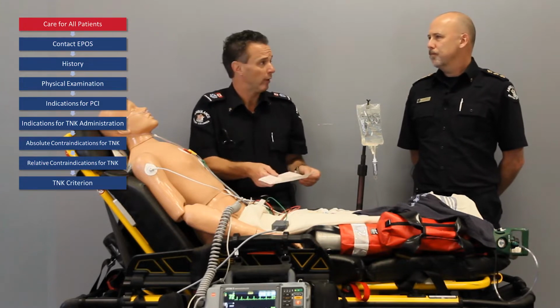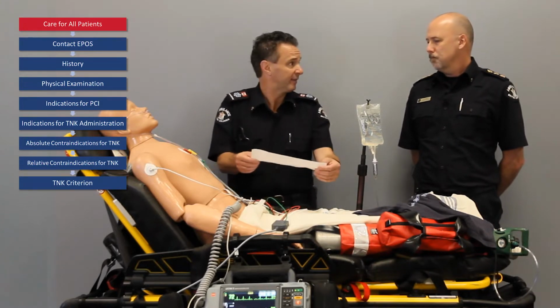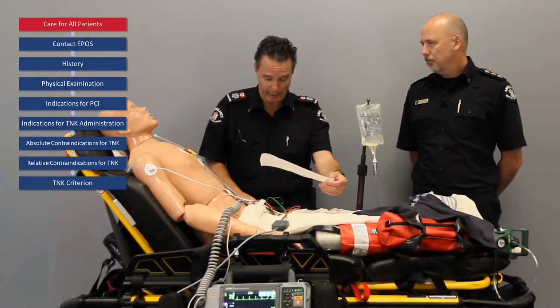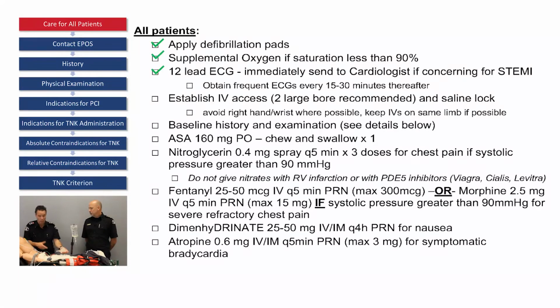I have a 12 lead here that demonstrates an ST elevation MI, and we've established one IV, not two. The checklist says two if possible, but we've established one thus far, and it is in the left AC area. We've done a baseline history and examination on this patient that supports what we're finding with our ECG.